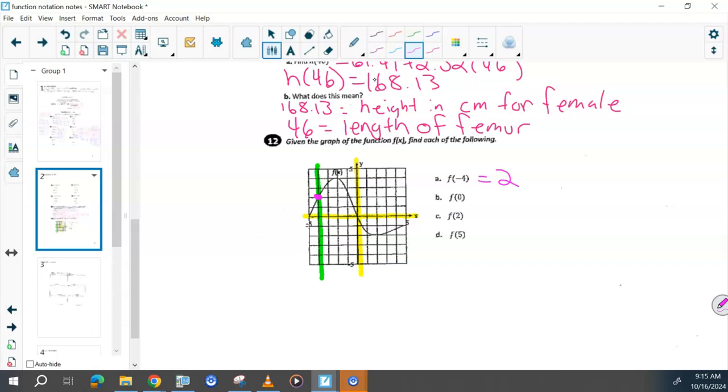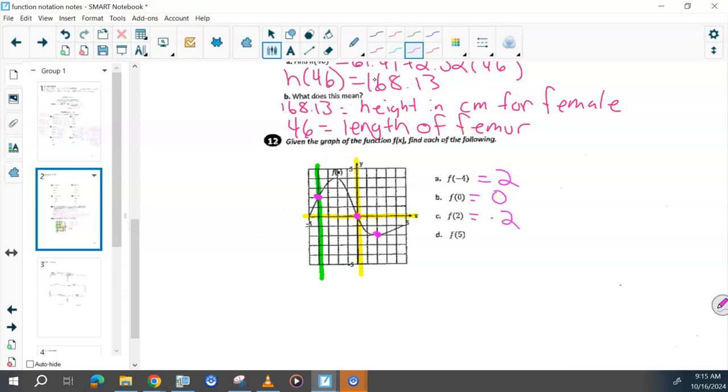What about f of 0? What is your y value? 0. F of 2. Not negative 1, but negative 2.